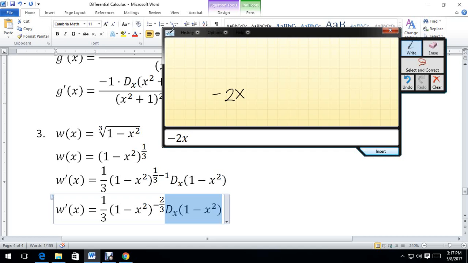So what is left now is that let's try to have this in parenthesis form. And insert that inside, replacing the derivative of 1 minus x squared.